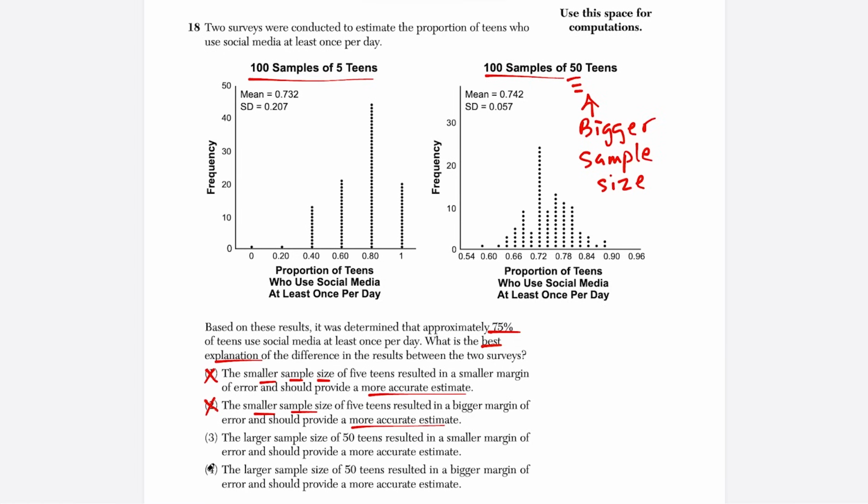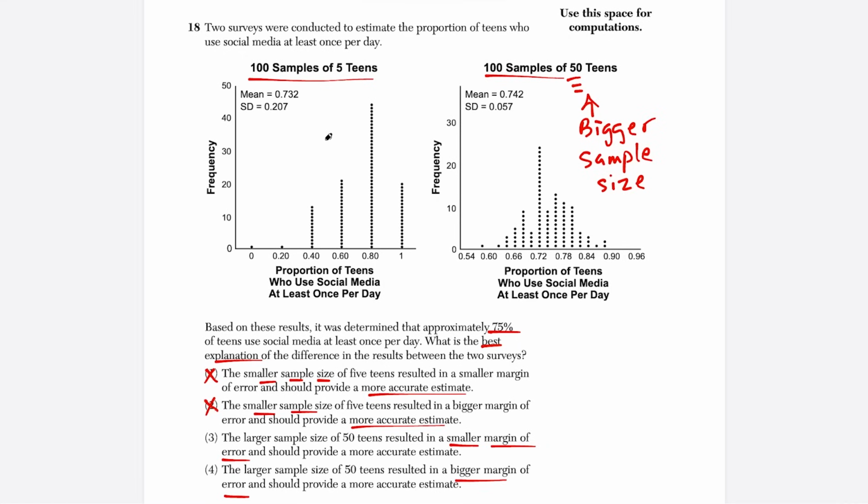Now we go down to the last two answer choices to see which one is better. We have the large sample size of 50 teens resulted in a smaller margin of error and should provide a more accurate estimate, and then the large sample size of 50 teens resulted in a bigger margin of error.